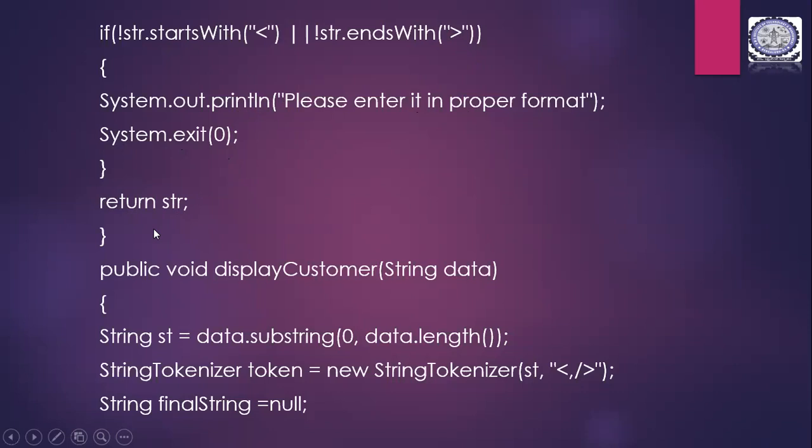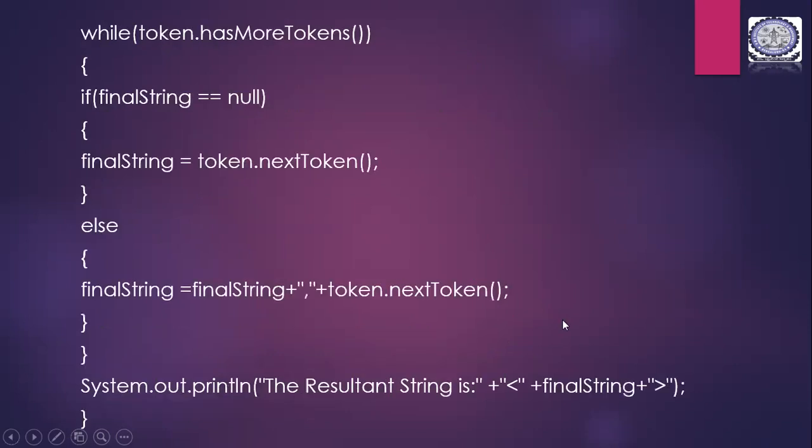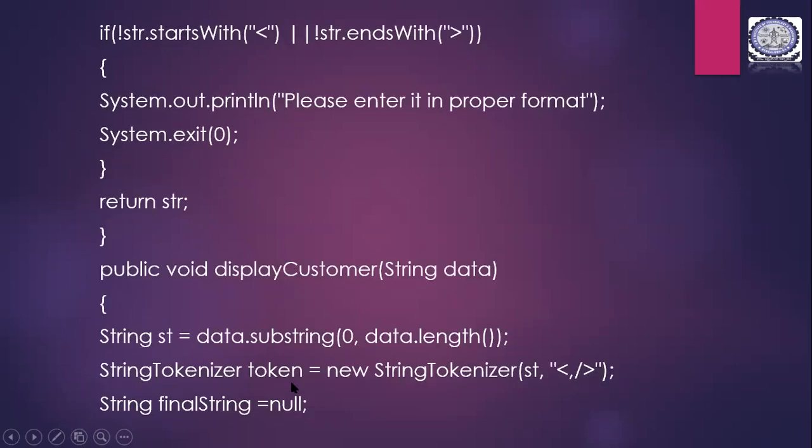Okay, and then for displaying the string, we give another variable string st, which we say data dot substring 0 comma data dot length. Here the string tokenizer is used, which says that st is the string.